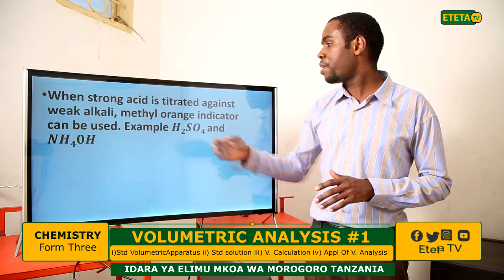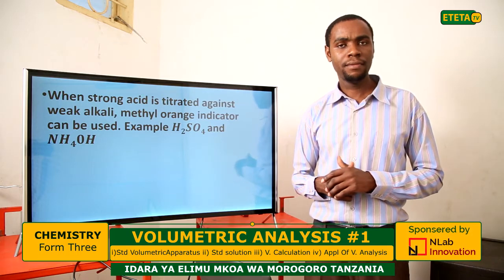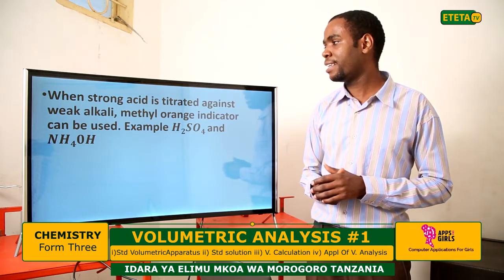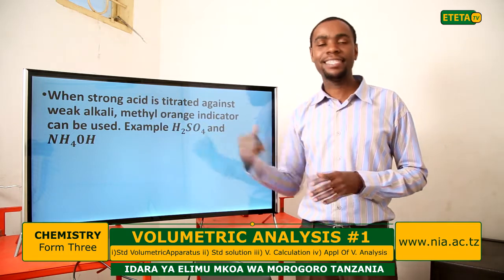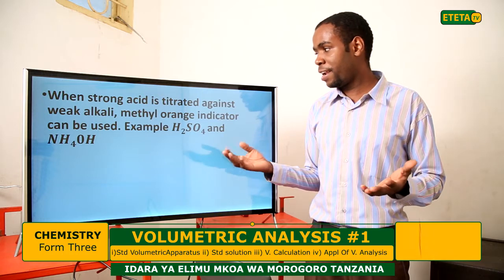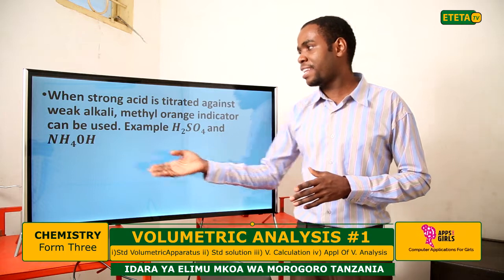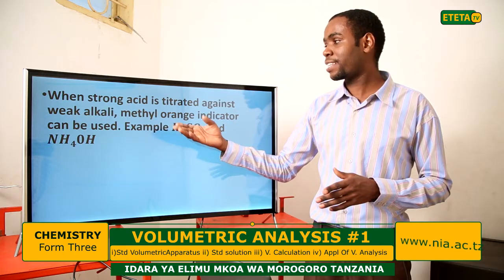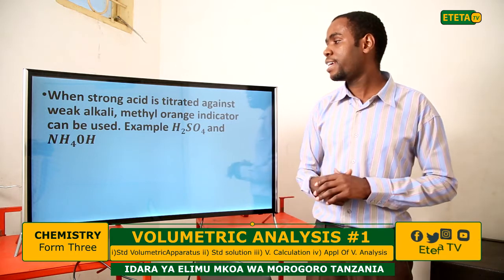In that case, methyl orange can be used because methyl orange is a weak organic base, and it requires a strong acid, and here we have a strong acid. Phenolphthalein indicator cannot be used because it is a weak organic acid, and here we have a weak alkali. For that case, the color will not change if you use the phenolphthalein indicator.